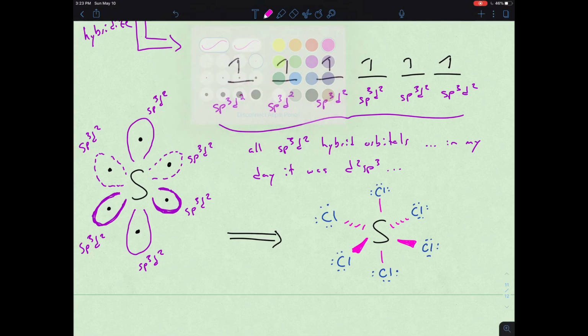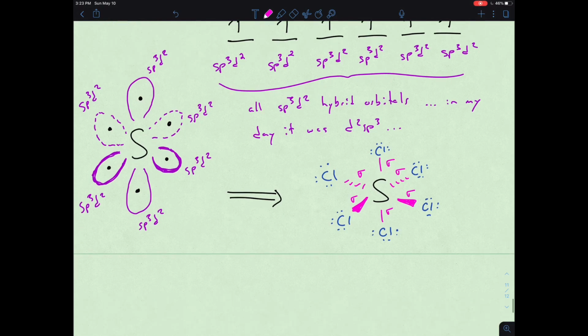And so we have those now 6 sigma bonds within the molecule. And that's where that octahedral shape kind of comes from, as far as that electronic geometry is concerned.